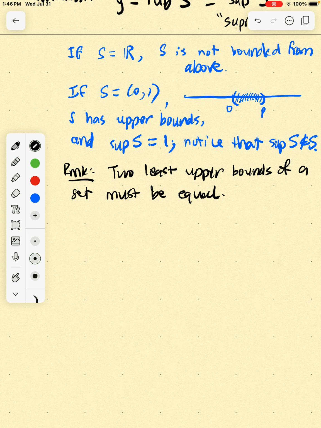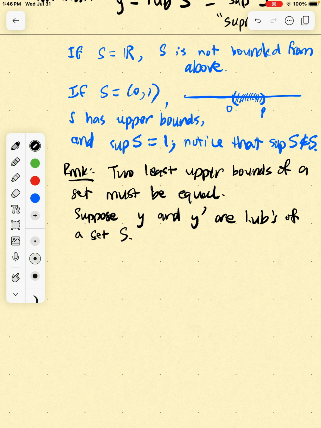Okay, why is that true? So suppose that there are two least upper bounds of the set S. Suppose y and y prime are least upper bounds of a set S. Well, we know that y is an upper bound of S, right?